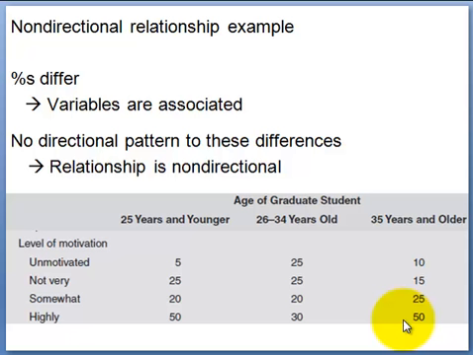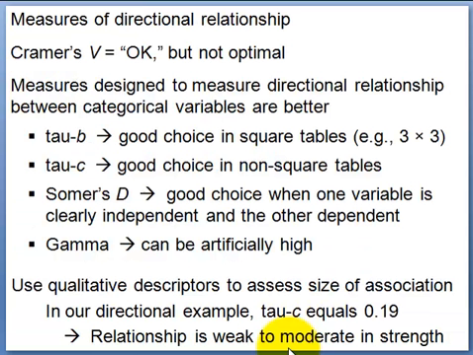This again is conveying relationship, but we've not got a consistent pattern of change in the same direction. So for instance, here our percentages don't go 50, 30, 10, or here they don't go 5, 25, 50. To summarize, we don't have consistent change in the percentages in one direction, and so therefore we don't have a directional relationship. So this is an example of a non-directional relationship between two ordinal level categorical variables.